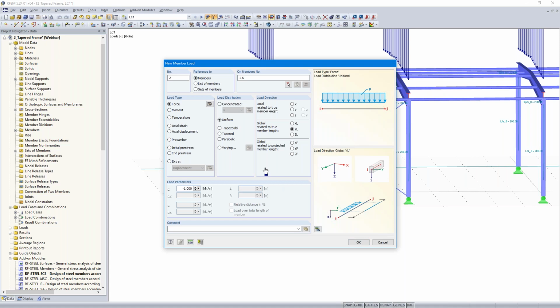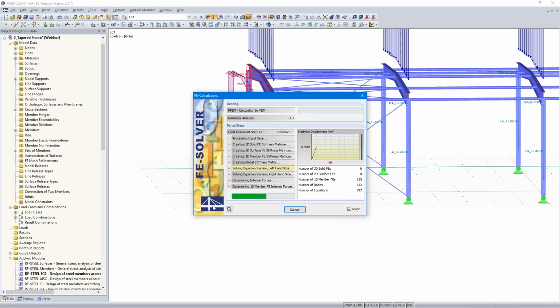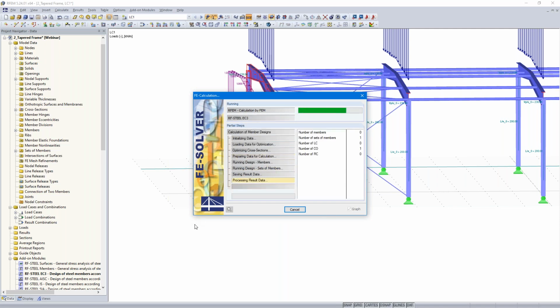Okay. And now we get the same warning message.